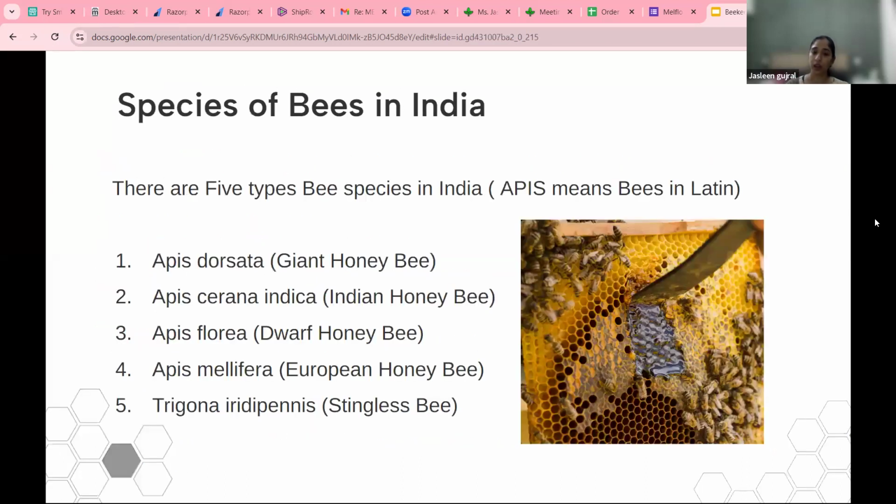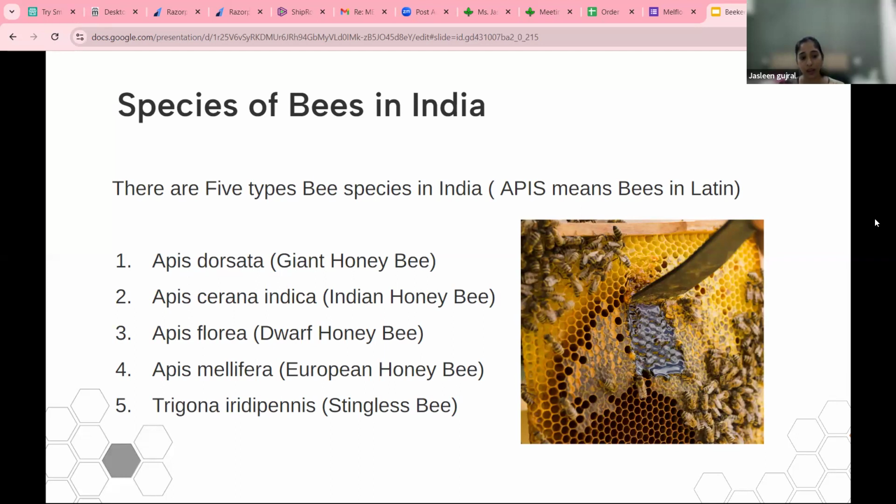Next, we have different species of bees in India. The first is Apis dorsata, the giant yellow bee. Then Apis cerana indica, which is native to India. Apis florea, and Apis mellifera, which is the most commonly used bee, the European bee.